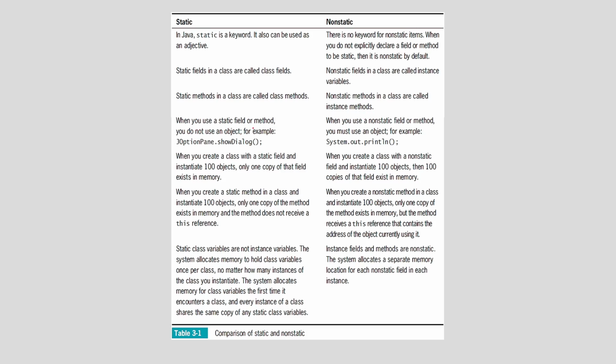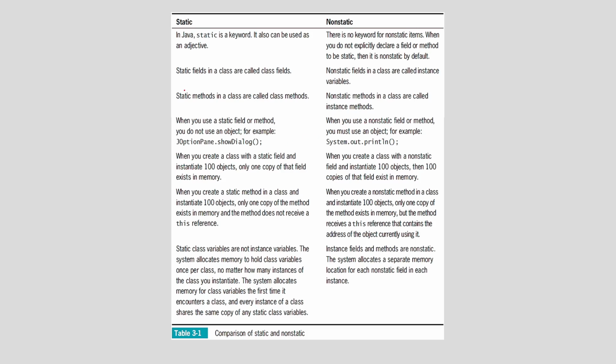When using the static field or method, you do not use an object for accessing that method. In contrast, with the use of non-static, we need to use the object for accessing that method within the class.